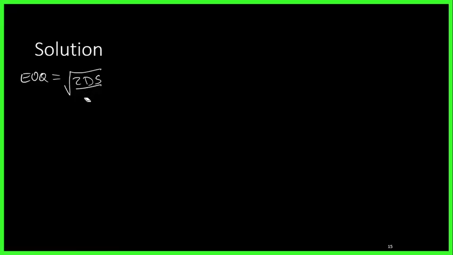Sige, sundan natin yung formula. So you have 2 times the annual demand, 1,000, times 10, divided by 2.5.